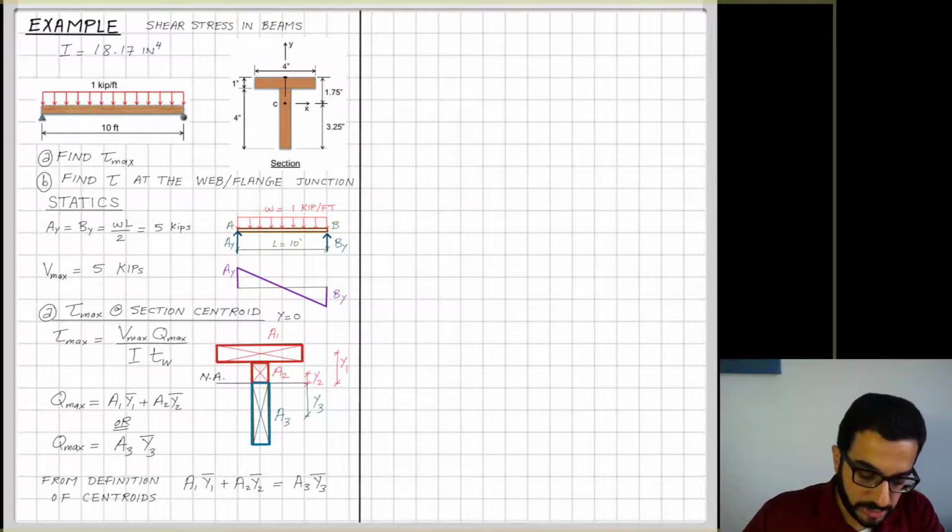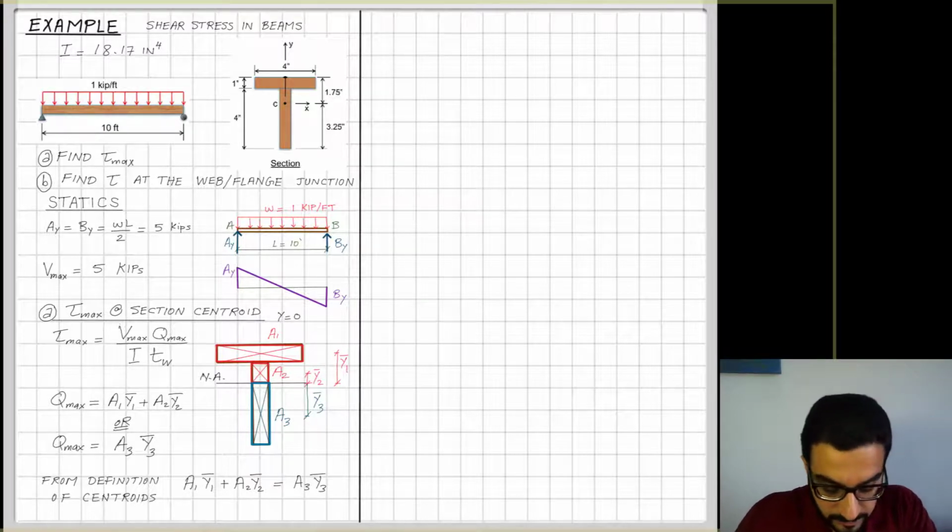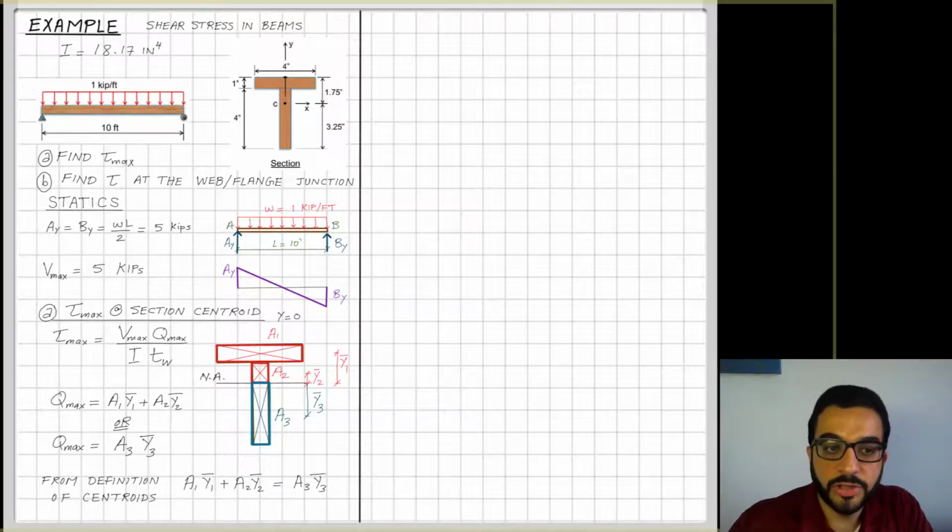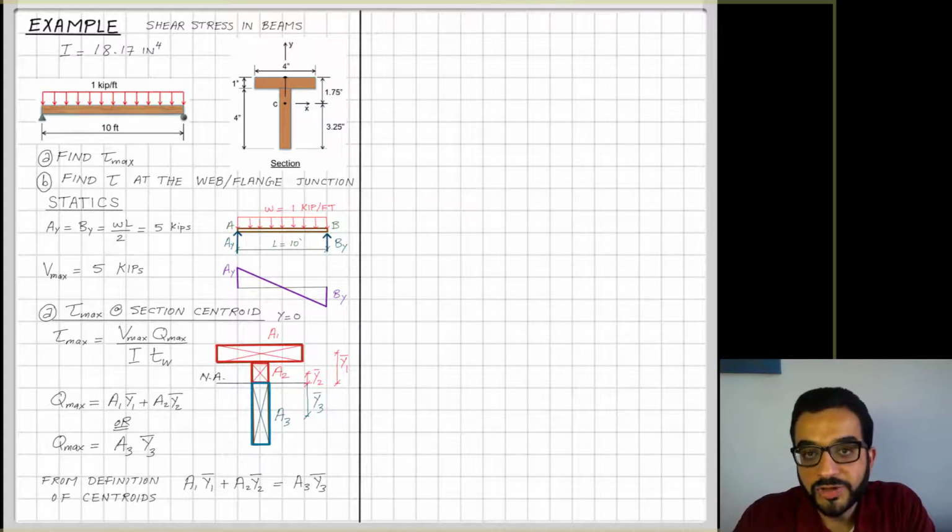So just to clarify here the notations, y bar means the centroid location of the first part with respect to the neutral axis, y bar 2 is that, and then y bar 3 is this. So from the definition of centroid, it's a point in the section where the first moment of area is equal to 0.